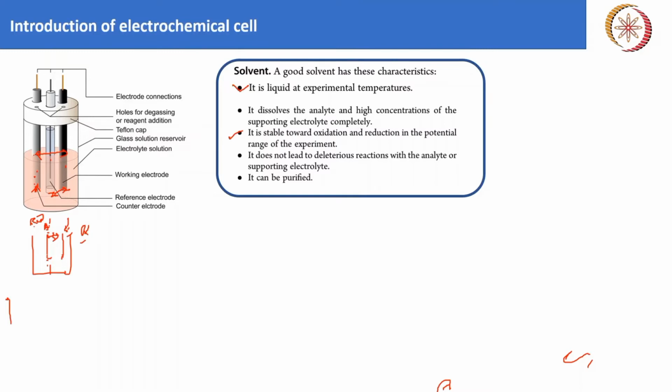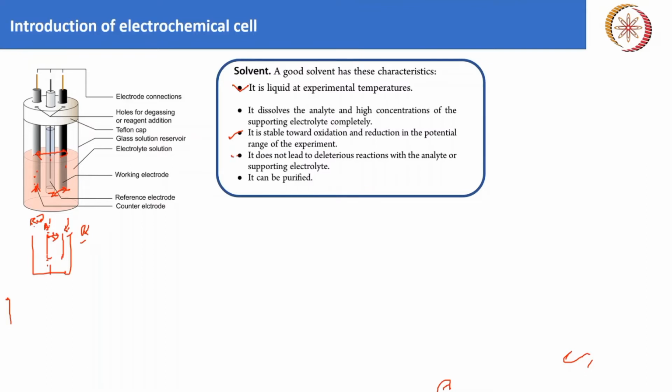That means you have to first check whether your solvent is stable in that potential window or not. So you have to first check the stability window of your solvent.